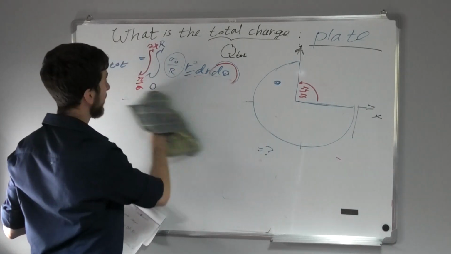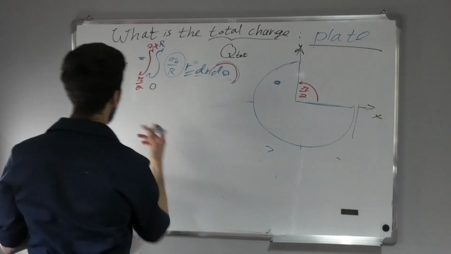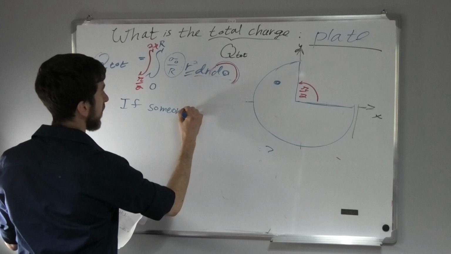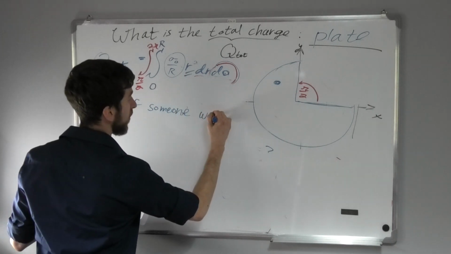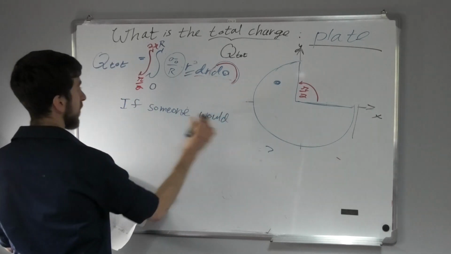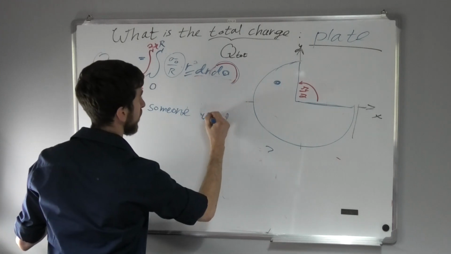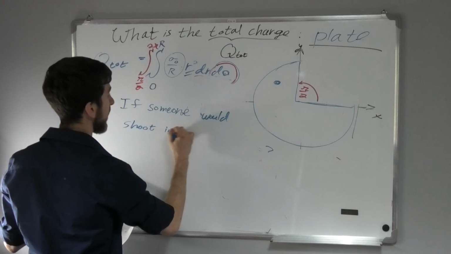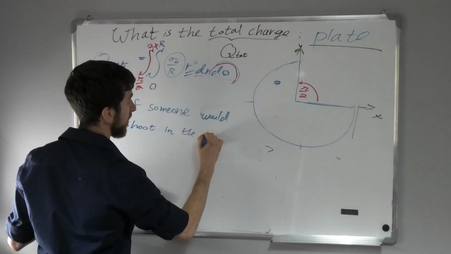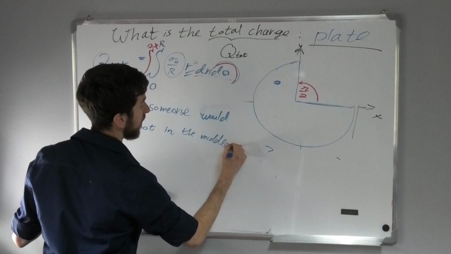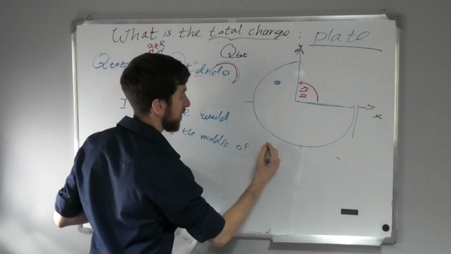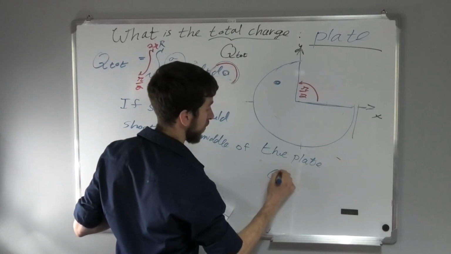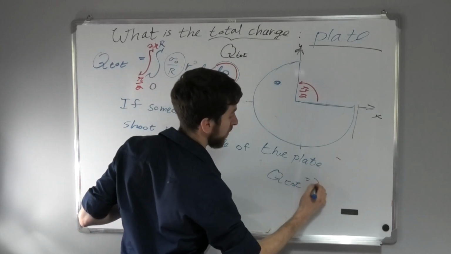If someone would shoot in the middle of the plate, what is Q total?